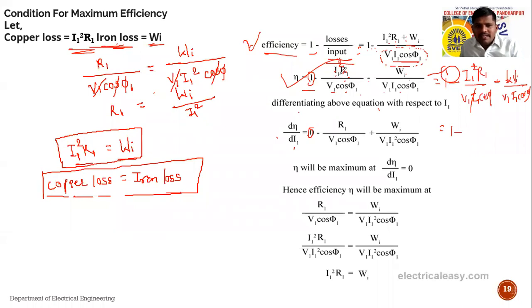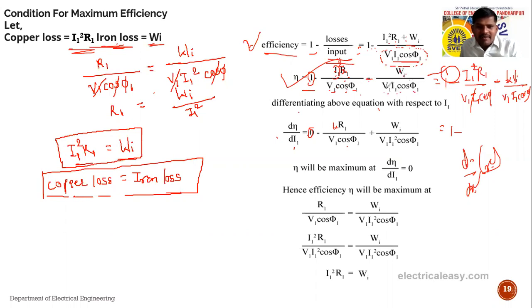Now the differentiation of I1 R1 divided by V1 cos phi 1: the differentiation of x with respect to x is 1. So the differentiation of I1 with respect to I1 is 1, and all other terms are constant, that is R1 divided by V1 cos of phi 1. Similarly, minus Wi divided by V1 I1 cos of phi 1.